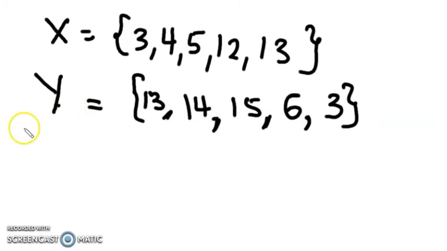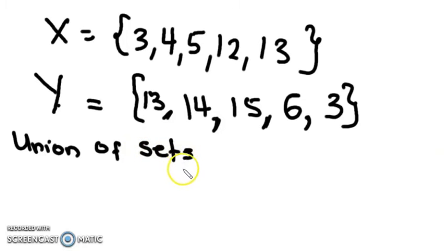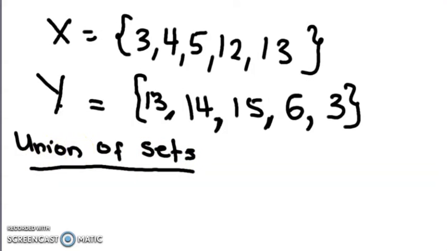Which two operations can we perform on these sets? The first operation we are looking at is the union of the sets, and we use the symbol ∪ to represent the union.